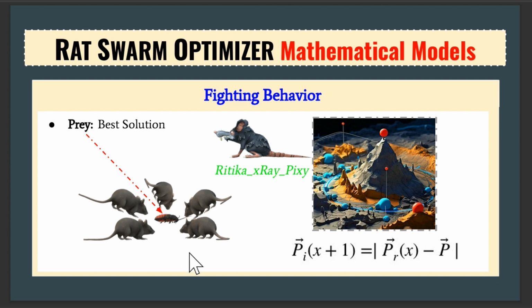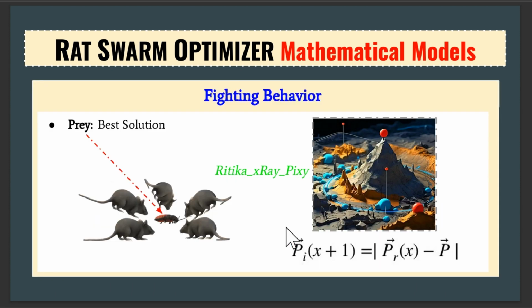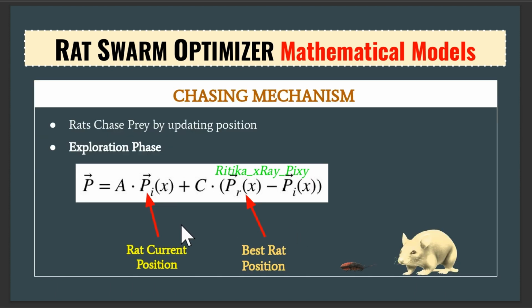Then we have convergence. As the algorithm progresses, the distance between the current position and the best solution decreases. That leads to faster convergence toward the global optimum. So here we have the chasing phase and the fighting phase. In the chasing phase, rats will explore the solution space and chase the better solution by updating their position based on their individual knowledge and the collective swarm behavior.